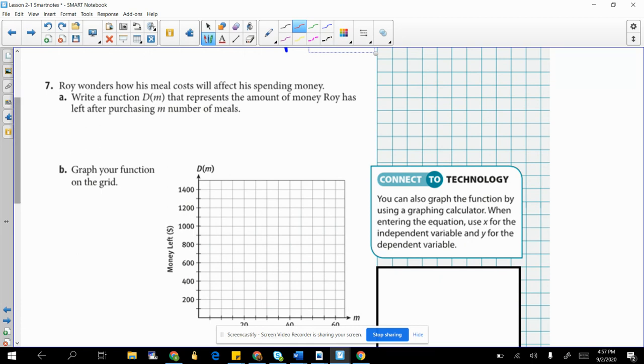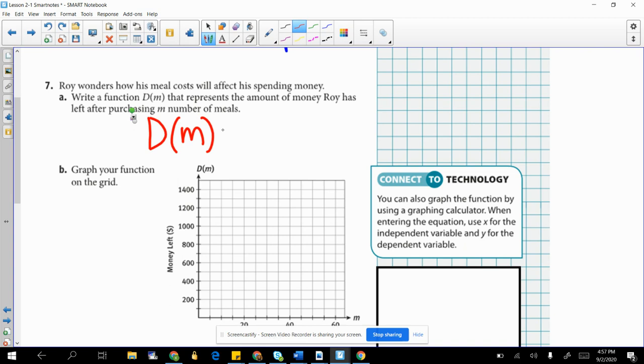Now Roy wonders how his meal cost will affect his spending money. So basically now we're trying to think about the meals and not the ticket prices. So it says write a function d of m that represents the amount of money Roy has left after purchasing m number of meals. Okay, well this is really similar to what we just did.